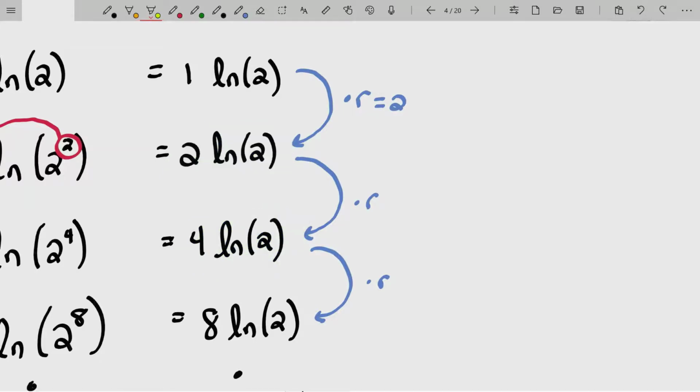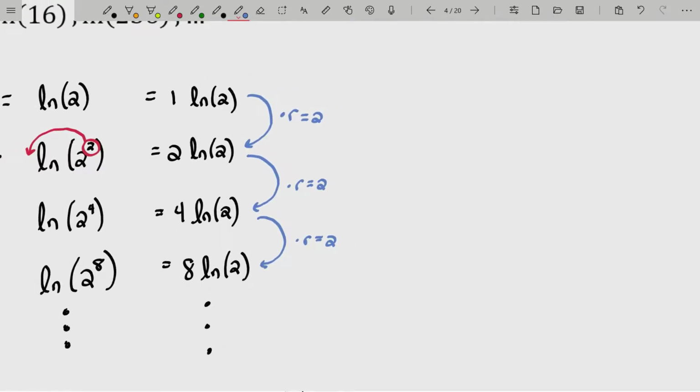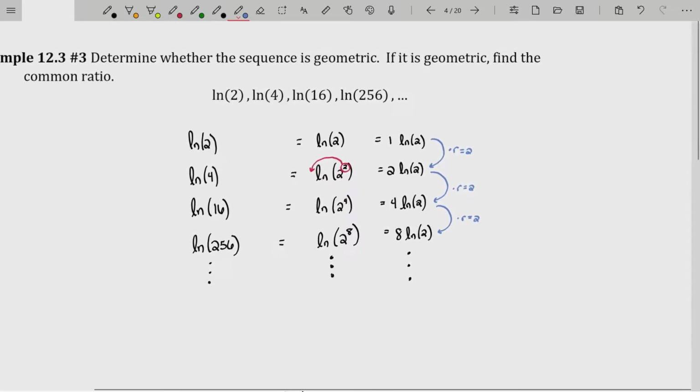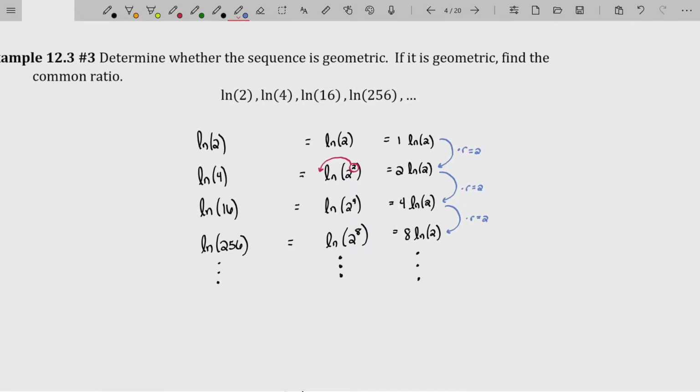And the answer is yes. We totally multiplied by yet another 2. So I'll go ahead and write that in. And you can see we multiply by 2 to get from 4 natural log of 2 to 8 natural log of 2. So this tells me the common ratio is 2. We found the common ratio, and actually that's all they ask.